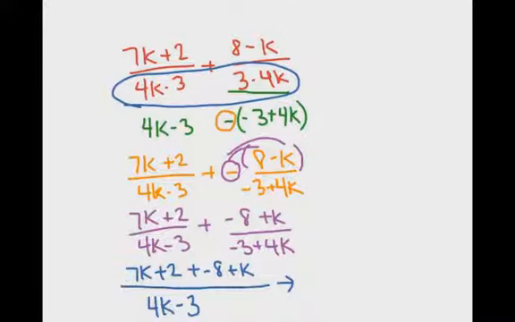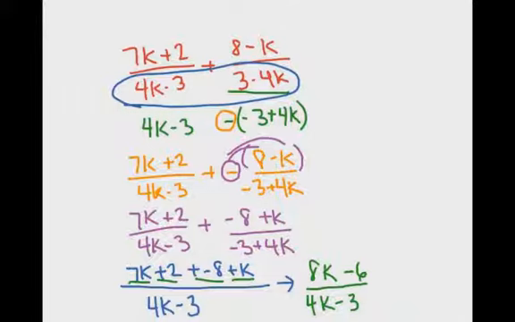So we have 7k and plus k, that gives us 8k. Positive 2 plus a negative 8, that gives us a negative 6, all over 4k minus 3. Alright, and now we can simplify.